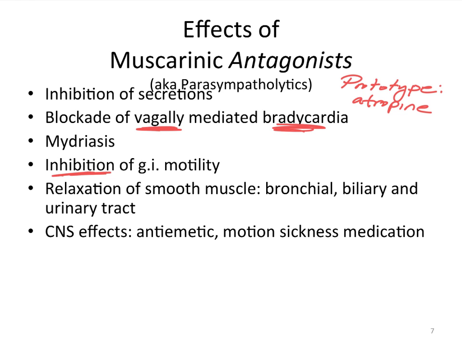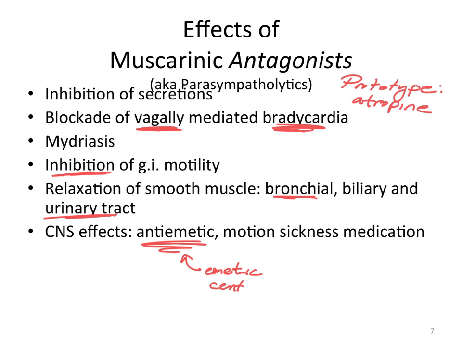Not really dramatic, but depending on the tone of the bronchial tree or the urinary tract, this is something we try sometimes, to use muscarinic antagonists. And then we use muscarinic antagonists as antiemetics because they have an effect on the cholinergic transmission of the emetic center.